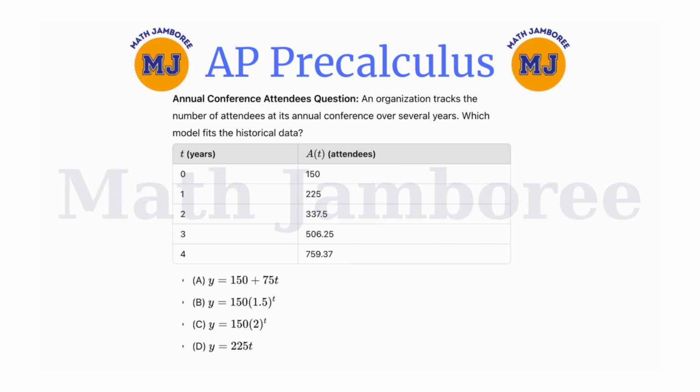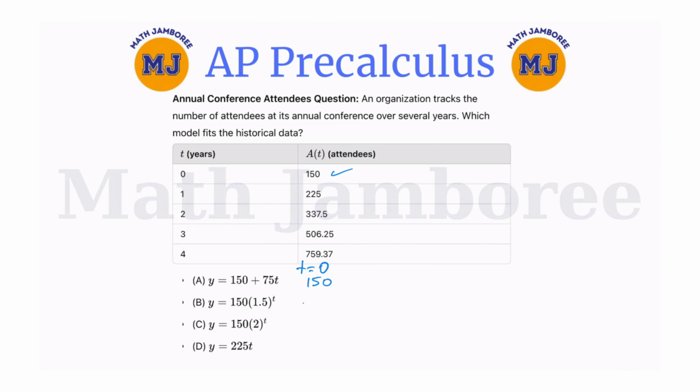So to solve this kind of question, I'm going to suggest you just use the given data. When you substitute 0 for t, 75 times 0 plus 150 becomes 150, and what we're looking for is actually 150.